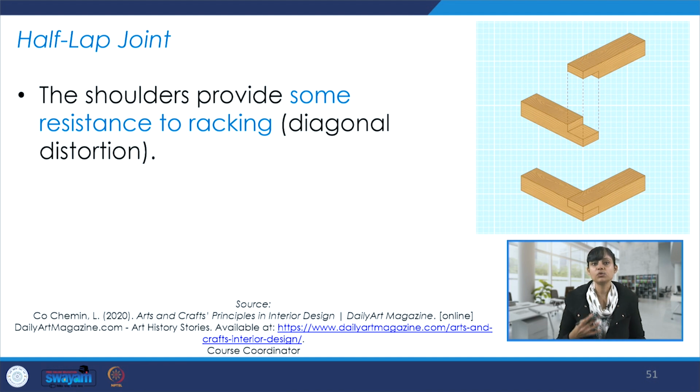The shoulders provide some resistance to racking, which is diagonal distortion. So that's also interesting. In the lecture where we are talking about timber, we have discussed the grains and different kinds of wood sections and anatomy of wood. So some of the terms that you see here can be clarified while attending that lecture.